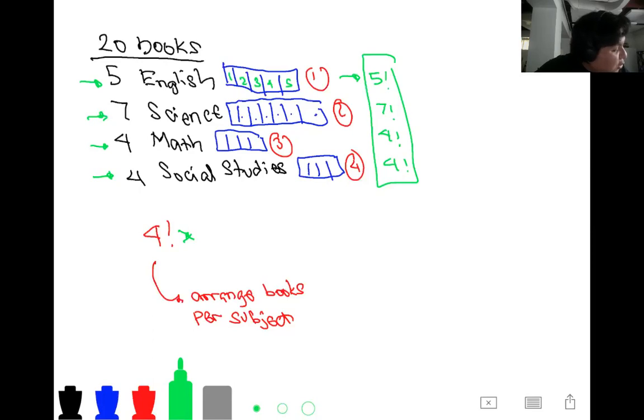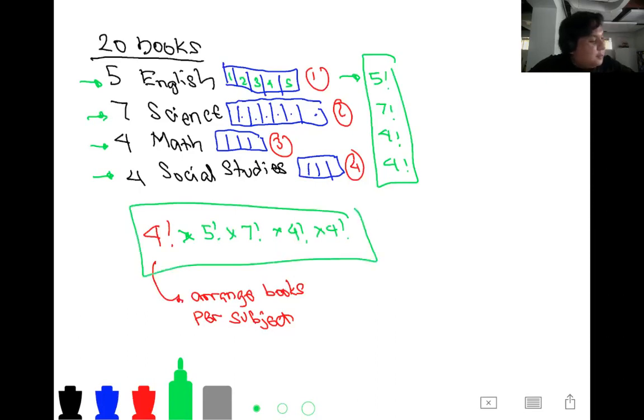So that is 4 factorial times 5 factorial for the English, 7 factorial for the science, and then 4 factorial for math and social studies. And definitely this should be the correct answer.